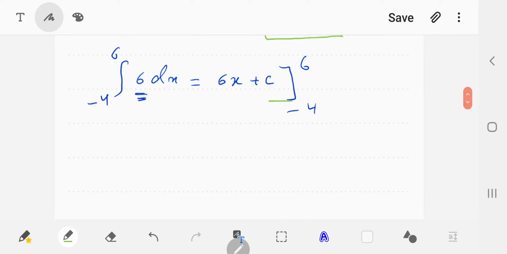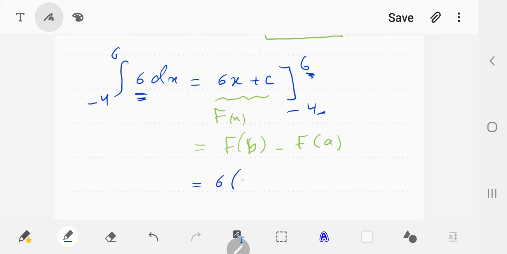Keep in mind, this function is capital F of x, so this should give me F of b minus F of a. So if you want to do it algebraically, you will just say that's a substitution of 6 minus a substitution of -4. So it will be 6 times 6 plus c minus a substitution of 6 times -4 plus c.